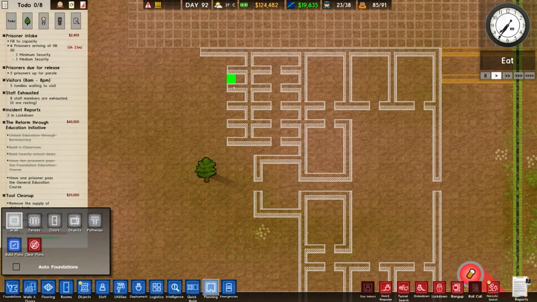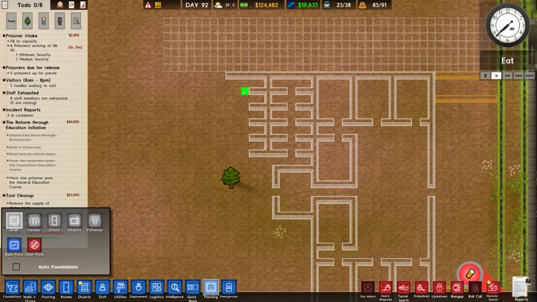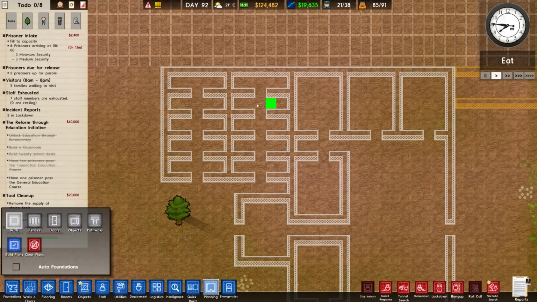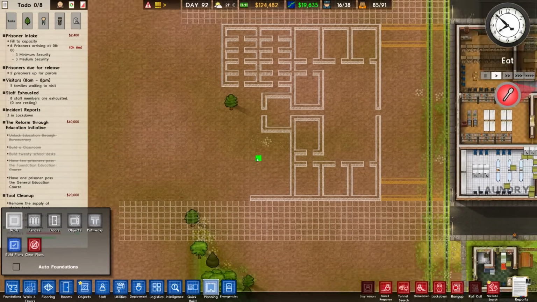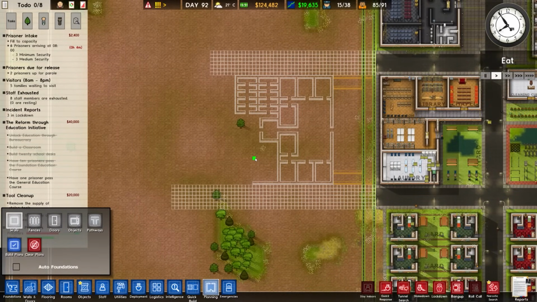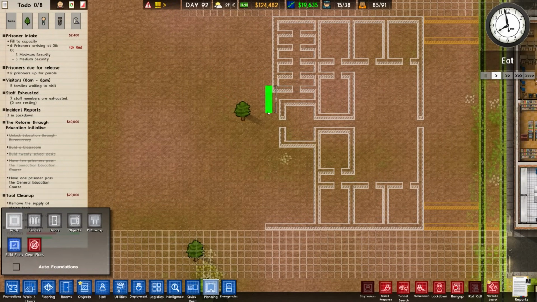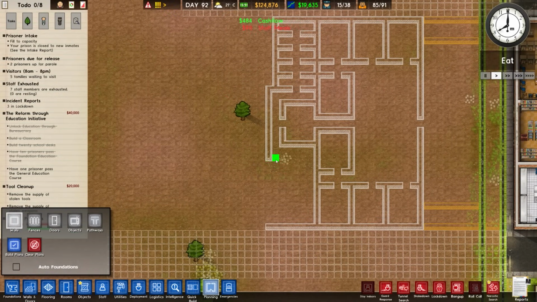And yes, we are just going old school with the solitary. It is just, as you can see, the piano key type thing. 2, 4, 6, 8, 10. 40. Do I need 40? I don't think we do. 20 is probably sufficient for our needs. And let's see how long it takes for that comment to come back and bite me.